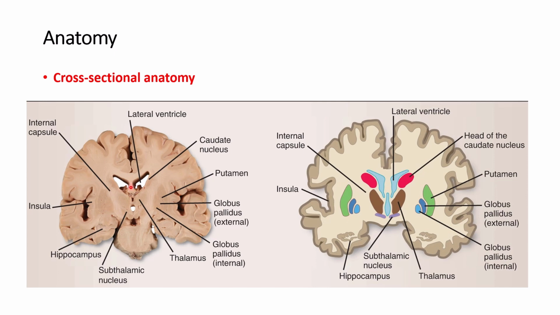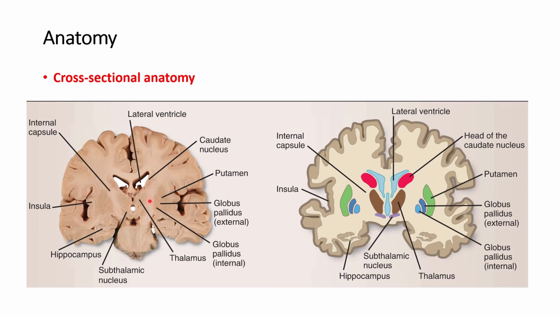Now the basal nuclei themselves: the caudate nucleus is lateral to the lateral ventricles here. You come down and you can see the thalamus. The thalamus is not part of the basal nuclei, it's part of the diencephalon, but there is a lot of connection between the two.